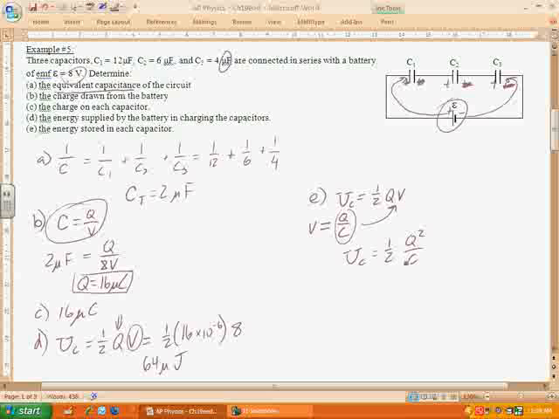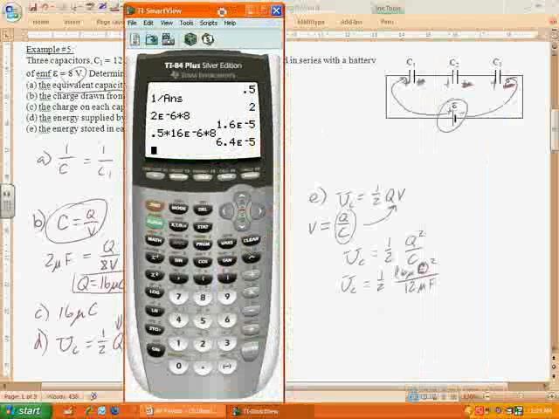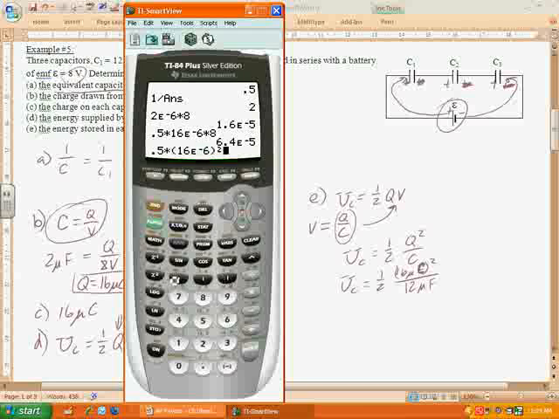We'll go 0.5 times 16 times 10 to the negative 6 squared, and then divided by 12 times 10 to the negative 6, and we'll get essentially 10.6 times 10 to the negative 6. It was to the negative 5th, so I move the decimal place over once and get negative 6, and so that will be microjoules.